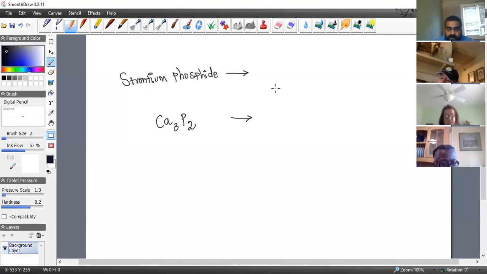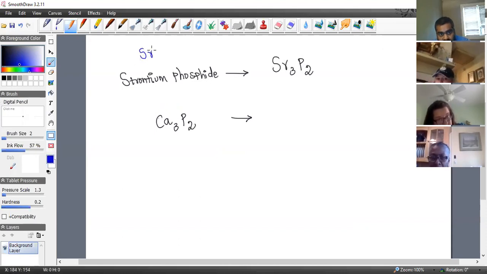All right, so does anyone have an answer for the first one? Sr3P2. Sr3P2, very good, right? Let me work it out for people that didn't make it to the session. As always, you write the element symbols first.